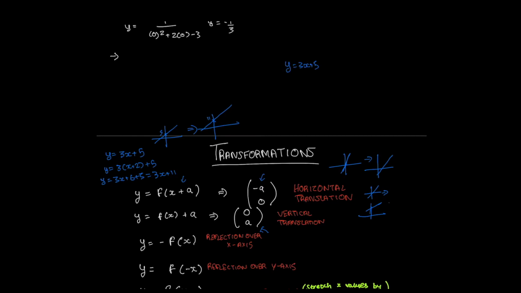Now I want to translate it by 2 units upwards. That would be nothing but 3x plus 5 plus 2, just adding 2 units to the whole thing. So that would be 3x plus 7, and the graph would look something like this, where this is 7. So it's basically the same thing with just a higher y-intercept.